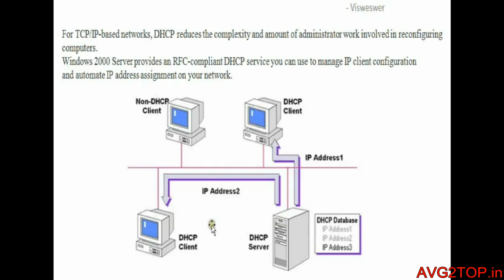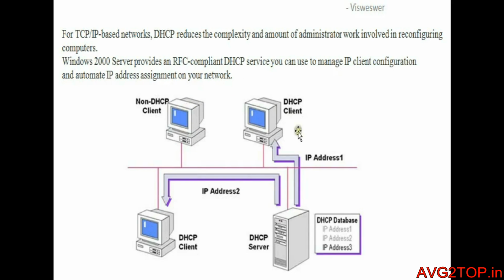Here is the example. You have a DHCP server and you have three clients. In these three clients, there might be one client with no network connectivity or no cables in it, or DHCP is not enabled, the service is not enabled in this client.